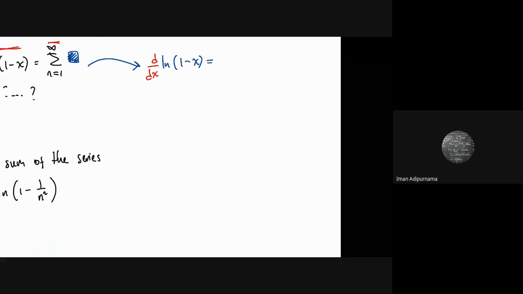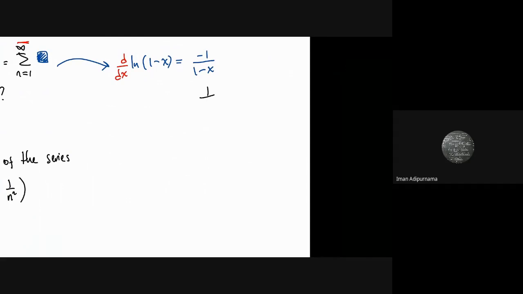And this will be negative 1 over 1 minus x. Okay. And if you remember, 1 over 1 minus x is the sum of x to the power of n, right? But it has a negative, so it is negative.